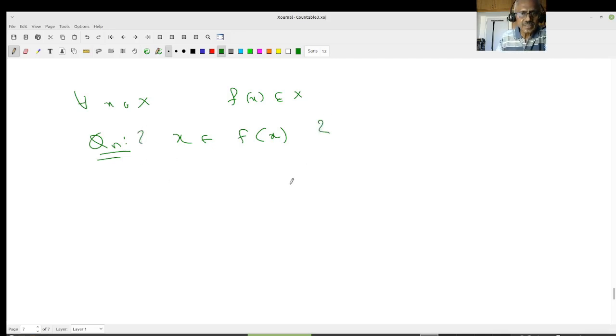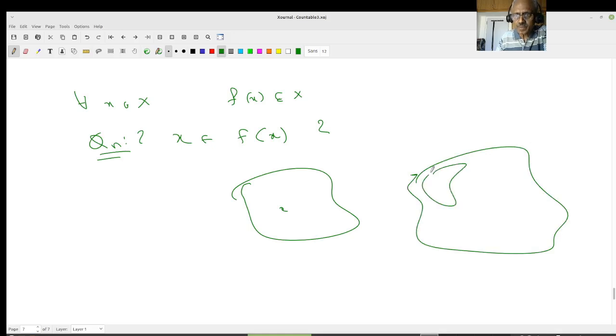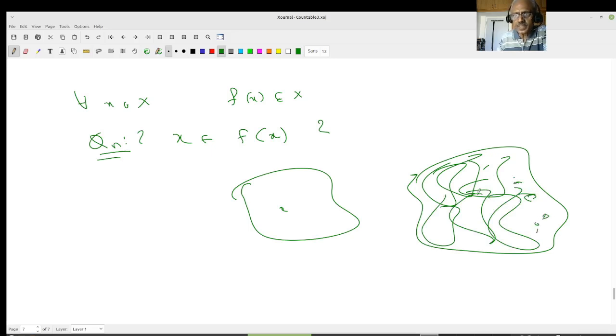You understand that, right? So I have X, and these are all the subsets of X. You give me x and this is my f(x), then I want to know whether x is going to be in f(x) or not.